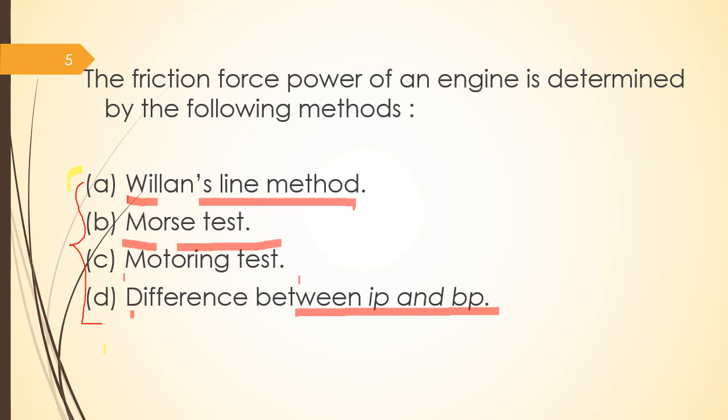The question may come in your internal test, in your university examination, or in the GATE examination. You may be asked to just write the different methods to find out friction power, or to describe them in detail, or to write the different methods and explain any one of these 4: the Williams line method, Morse test, motoring test, and the difference between indicated power and brake power.